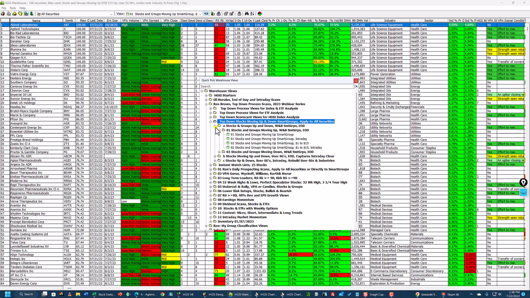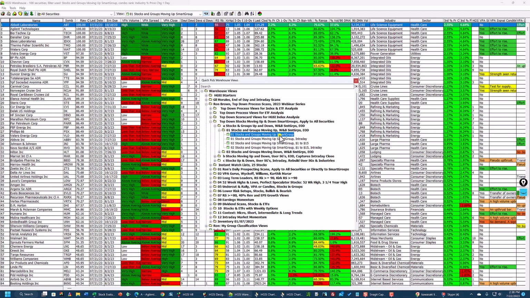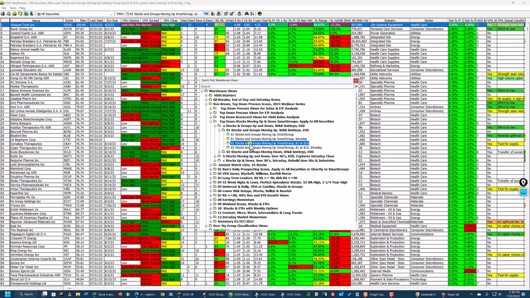So I'm going to open this up, and you can see that these are stocks that are in the moving up smart groups. This takes into account all of the stocks that are coming up with the filter and combo, and this limits the stocks 1 to 15.